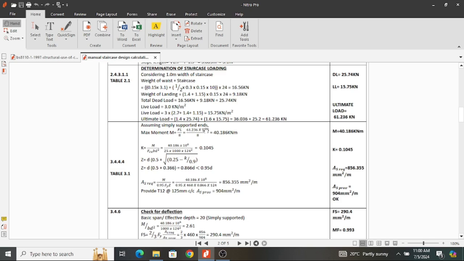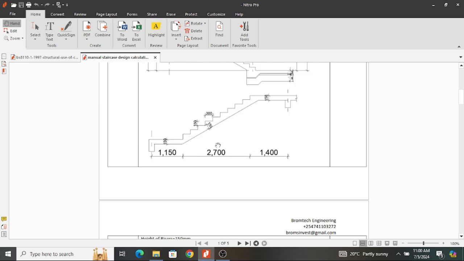Next, I assume a simply supported structure. Remember, we said we are going to design this staircase as a one-way spanning slab. And a slab is basically a series of beams, or slab and beam design procedures are always the same because they are horizontal members that provide support.